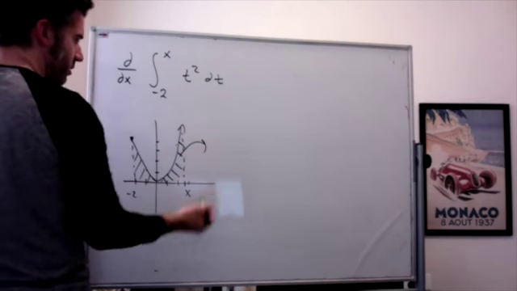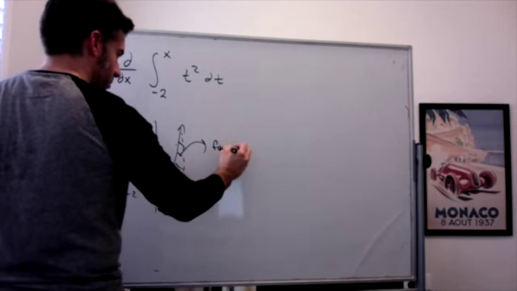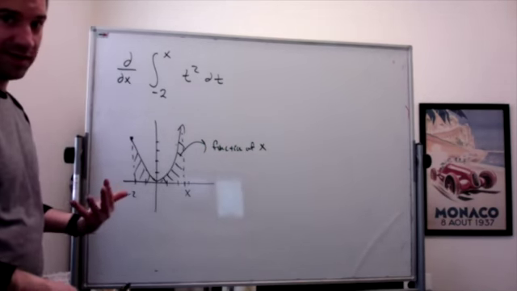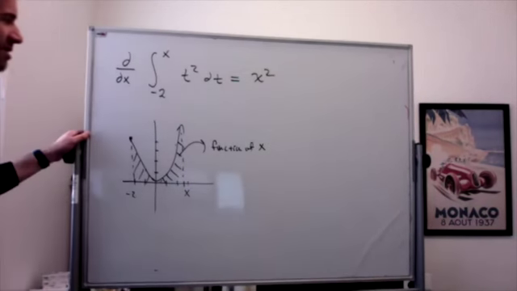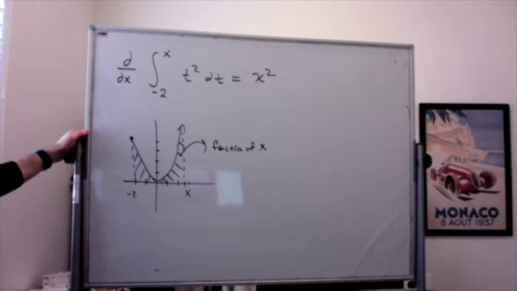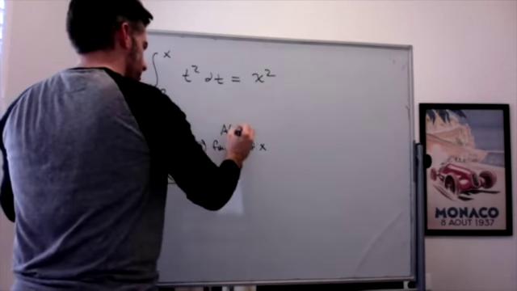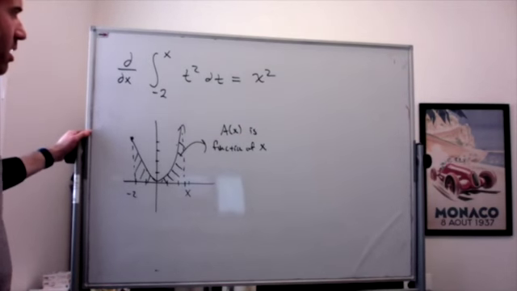This area is a function of x. And the rate of change of that function of x is just equal to x squared. It's kind of weird. You say that the area as a function of x is a function of x.